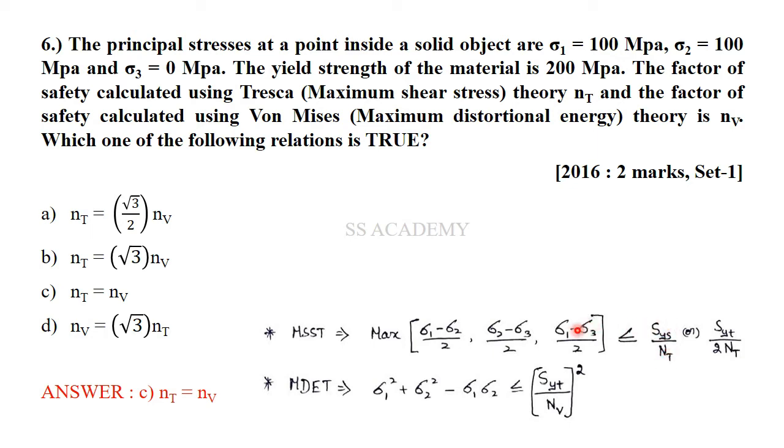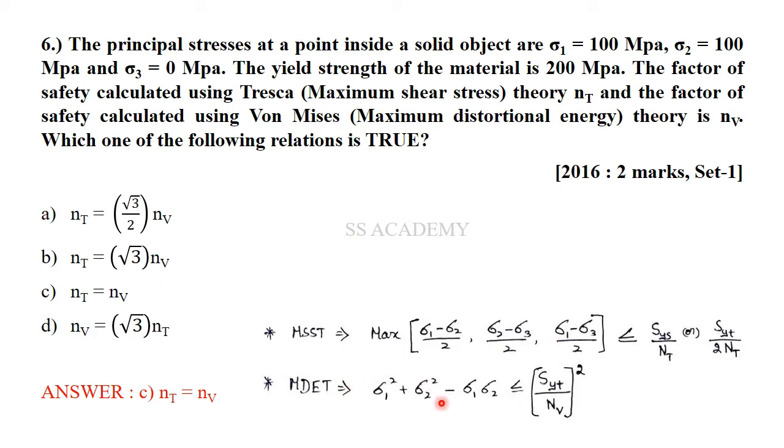According to MSST, there is a relation between SYS, that is shear yield strength, and tensile yield strength, as SYS is equal to SYT by 2. So comparing this and this, you will be getting NT to be 2. According to Tresca theory, the factor of safety for this condition is 2.